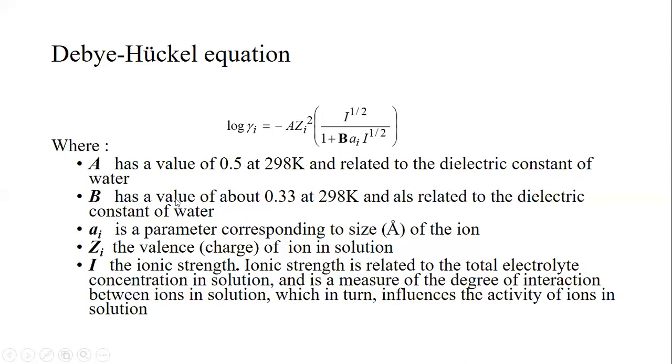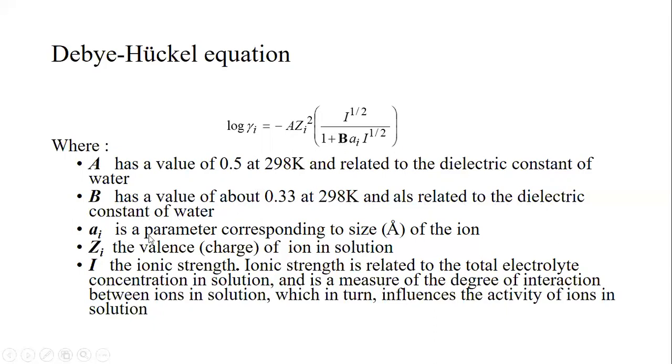B has a value of about 0.33 at 298 Kelvin, also related to the dielectric constant of water. So B also has a value of 0.33. You should know this. This will not be given to you in exams.